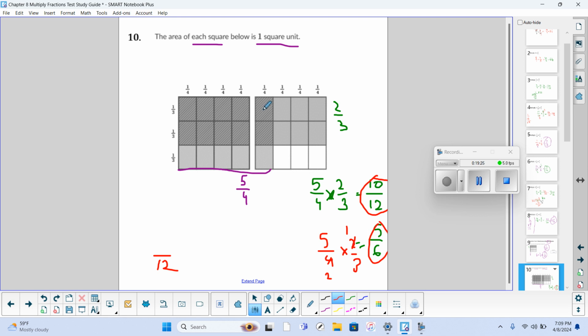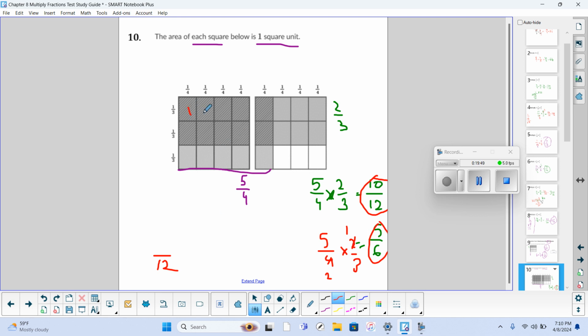This one is also broken down into 1, 2, 3, 4, 5, 6, 7, 8, 9, 10, 11, 12. 12 equally sized pieces, right? So together, this is one whole piece, this is one whole piece, if we counted everything shaded or unshaded.